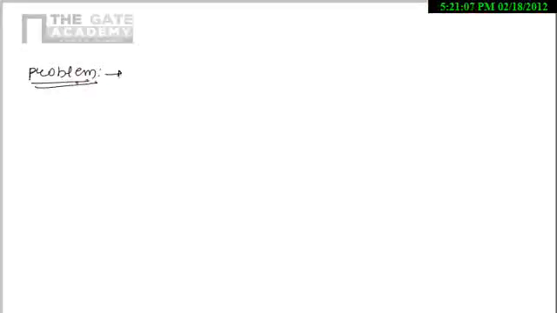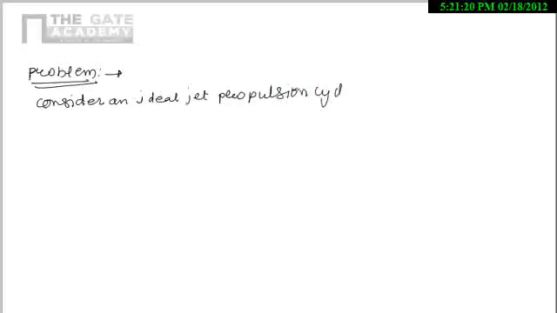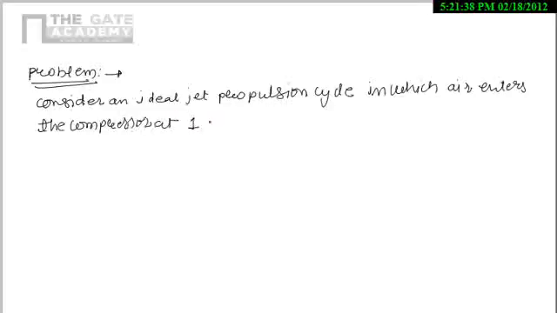Consider an ideal jet propulsion cycle in which air enters the compressor at 1 atmospheric pressure and 15 degrees centigrade.